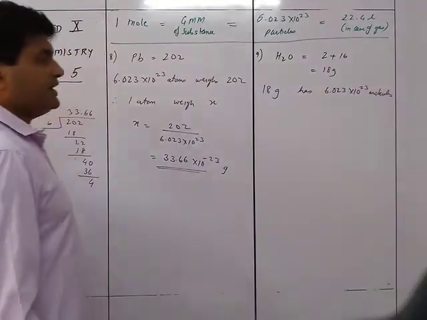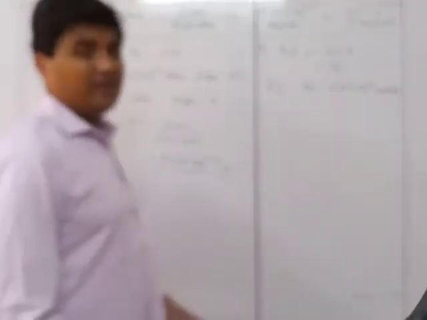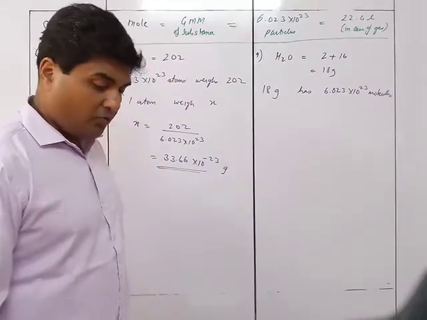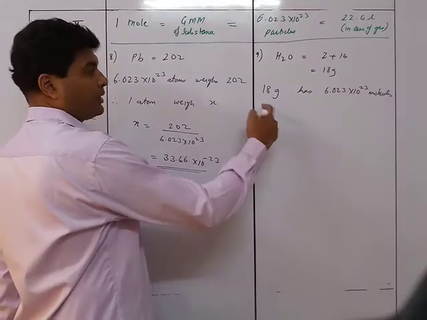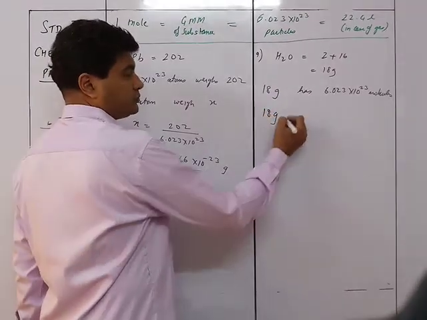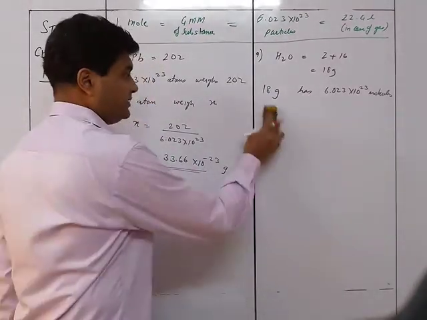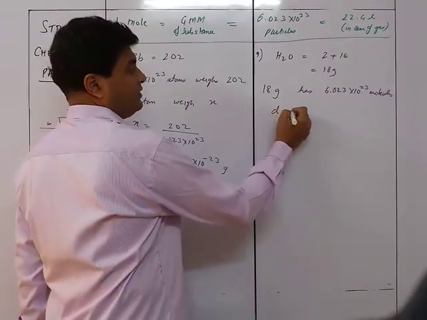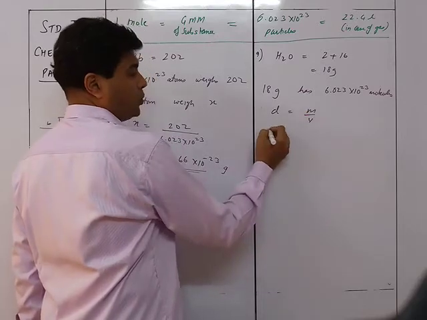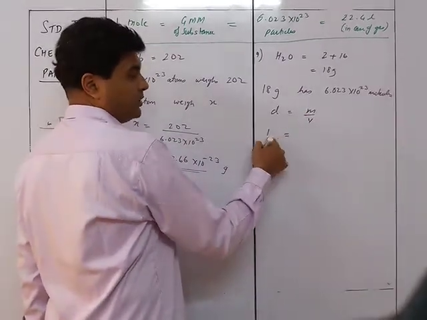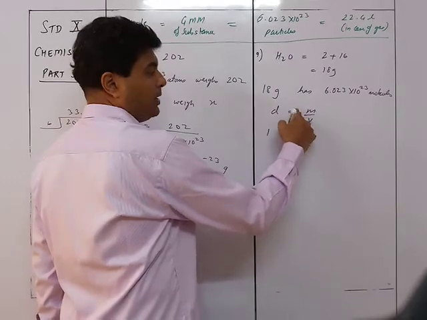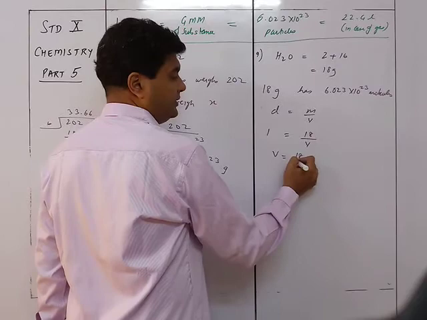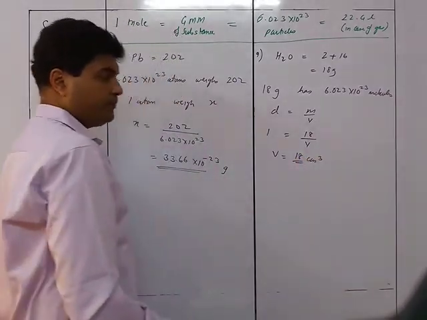So here we can see that 18 grams of water is also equal to 18 ml of water. Density is equal to mass upon volume. So density 1 gram per centimeter cube is equal to mass 18 grams upon volume. So volume is equal to 18 centimeter cube. Okay, this is the volume.